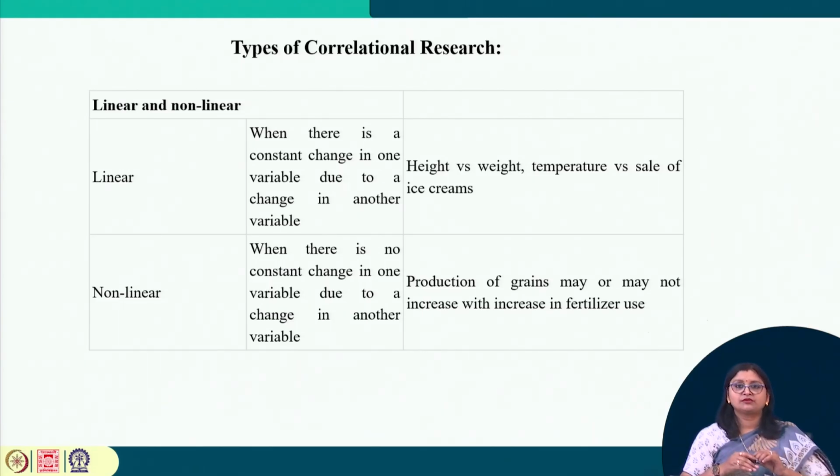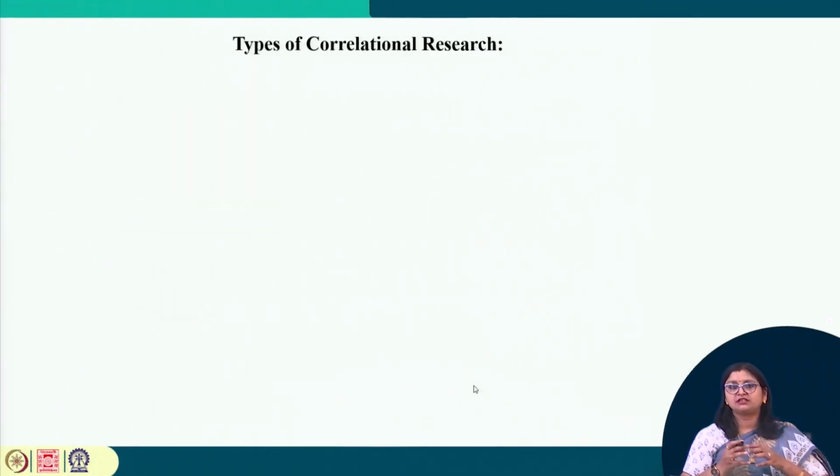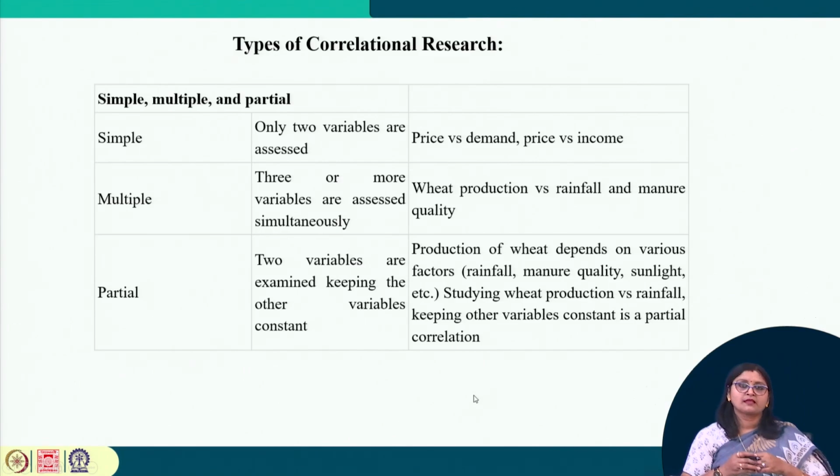If the temperature increases, sale of ice cream will also increase, or cold food items will increase. Non-linear is when there is no constant change in one variable due to the change in another, like production of grain may or may not increase with the increase in fertilizer use. It is not necessary that if you increase the use of fertilizer, your production will increase.